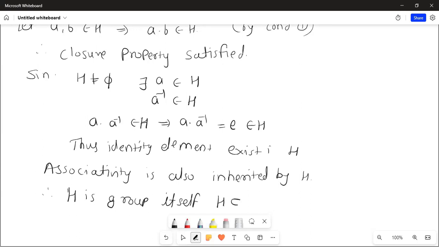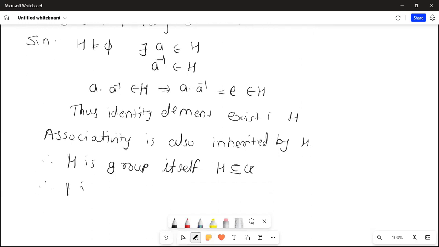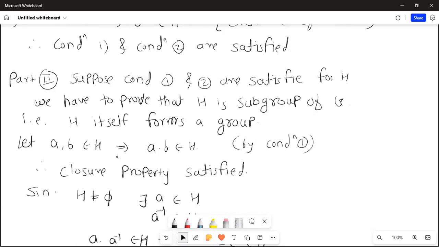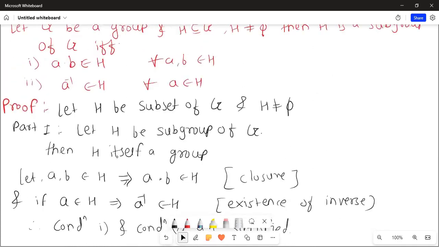That means H is a subset of G, and therefore H is a subgroup of G. जो ये टू स्टेप थ्योरम है वो हमने टू टाइप से प्रूफ किया है.